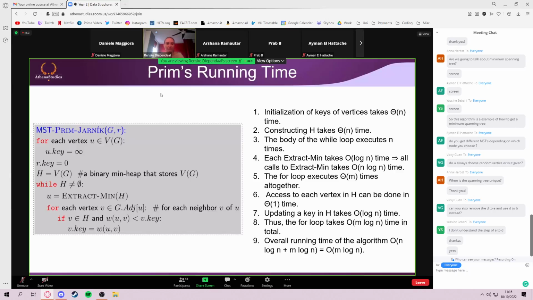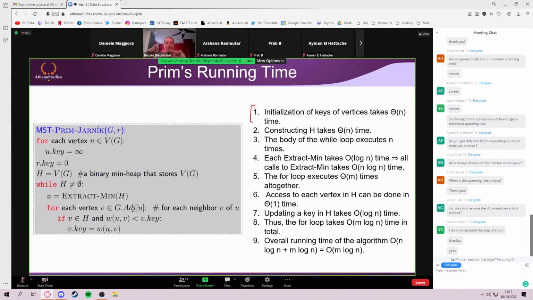So then we also have to talk about Prim's running time. So let's see. This is the official algorithm, but it does the same thing that we just did. So we have the initialization of keys of vertices. Basically what they do is they say we start with keys all infinity, and then the starting node has 0 pretty much.